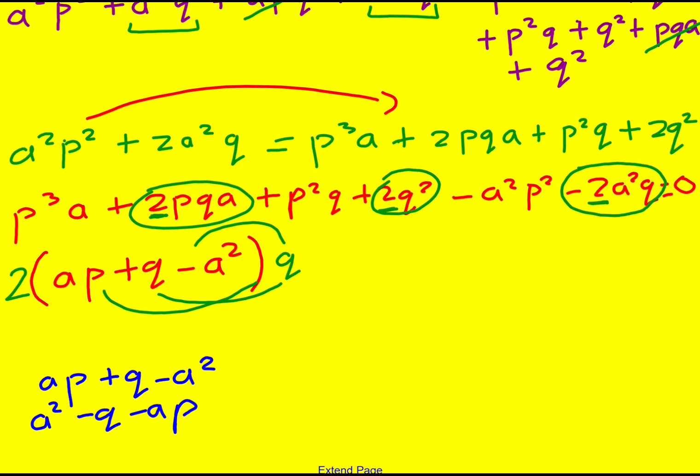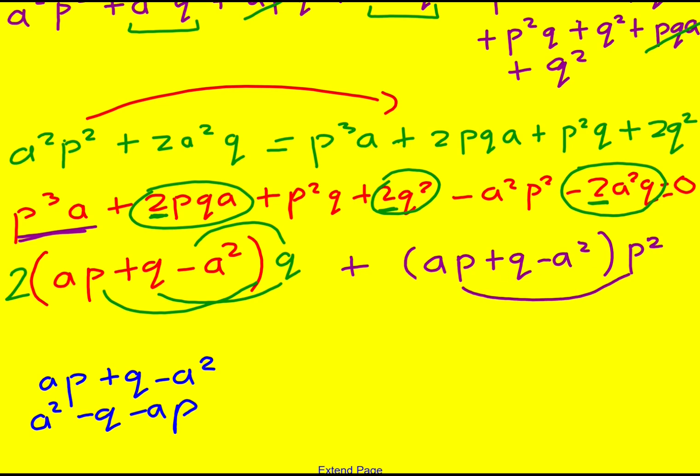That would come together. And then I want the same thing. I don't want to do this too quickly. AP plus Q minus A squared. Right, now if I factorize out P squared, then I'll get my P cubed A from here. I need P squared Q, that will come from here. And this one here is there as well. And that will equal 0.